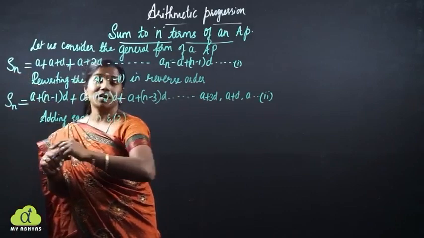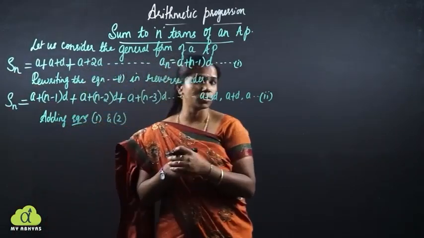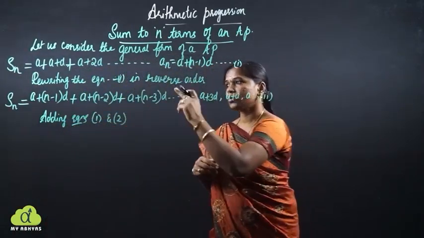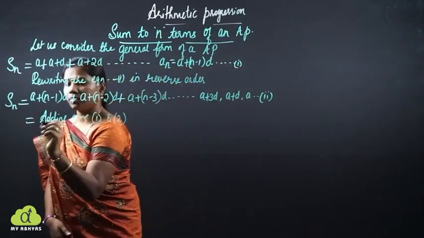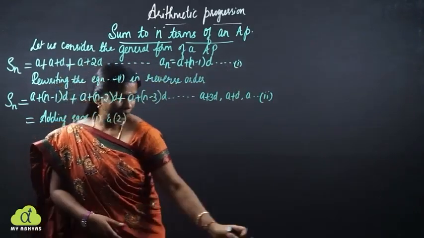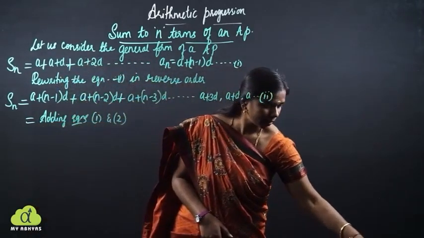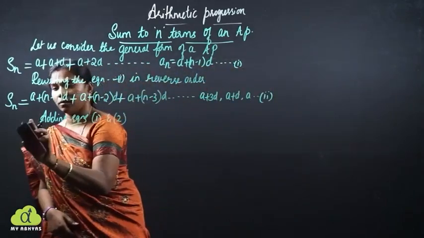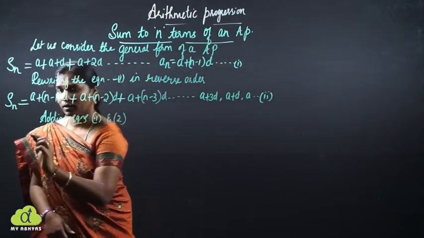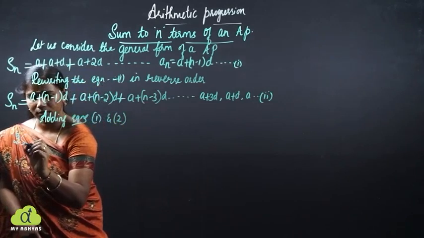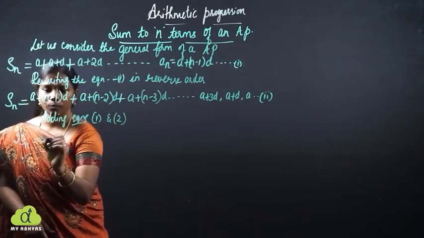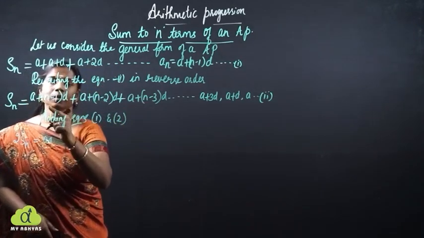Now, adding means adding both the sides, LHS also and RHS also. So, what do we get here? In the next step, it is 2 times Sn, which is equal to 2a.